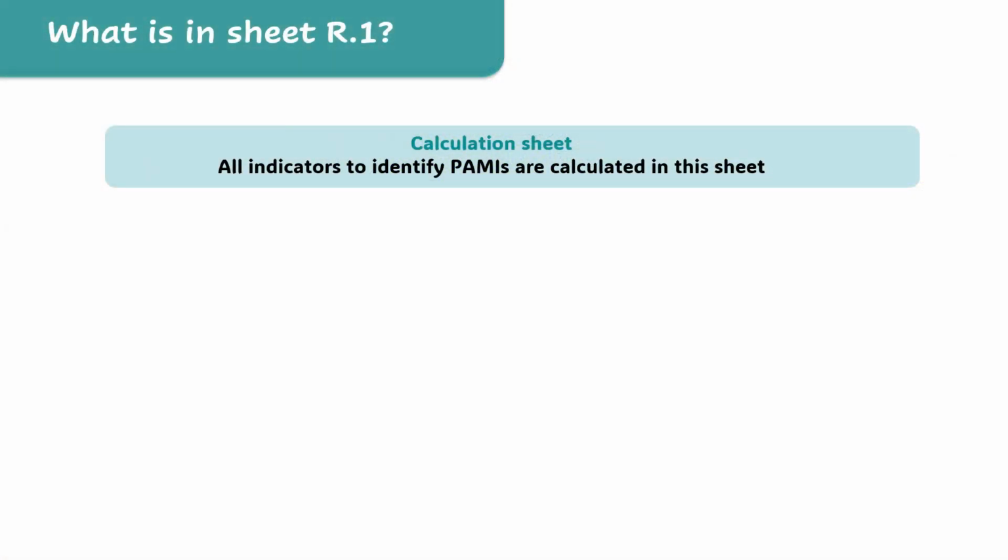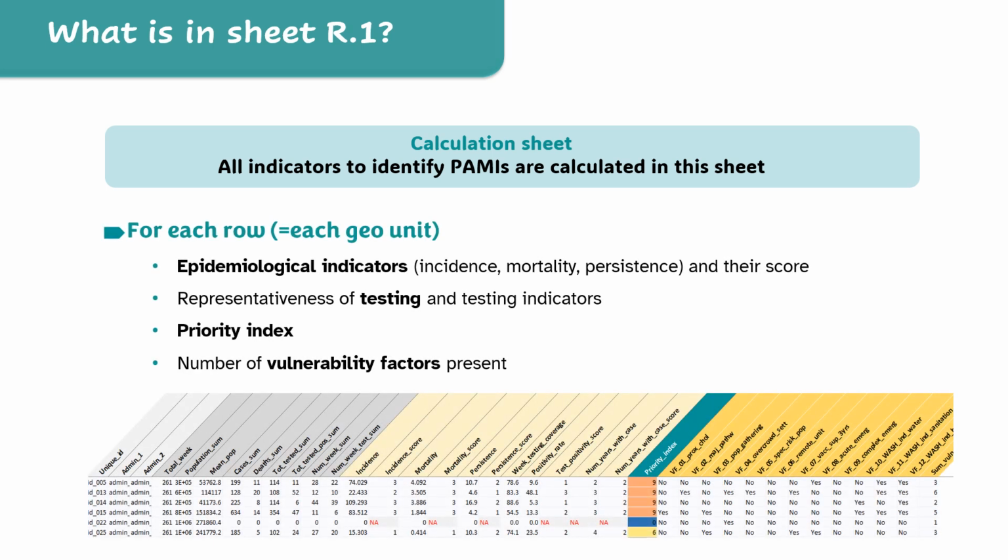Sheet R1, Priority Index Calculation, is a calculation sheet where the following is calculated for each geographic unit of your dataset: the epidemiological indicators and their respective score, the representativeness of cholera testing in your dataset and testing indicators, the priority index, and if optional data on the presence or absence of vulnerability factors were included in your dataset, the number of vulnerability factors present.